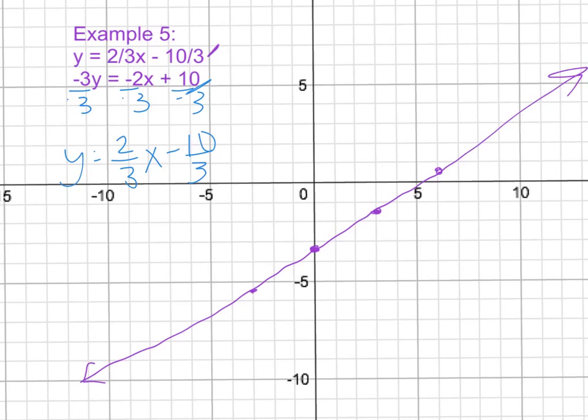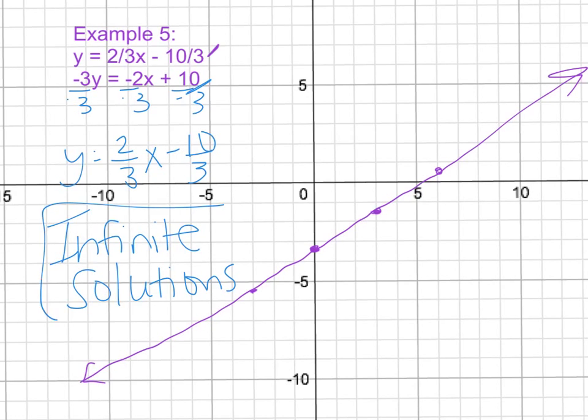So when this happens, when both equations give you the same exact line, this is going to be infinite solutions. So any x and y is going to be a point of intersection because it is the same line. So all points are going to work. So it has infinite solutions for our point of intersection.